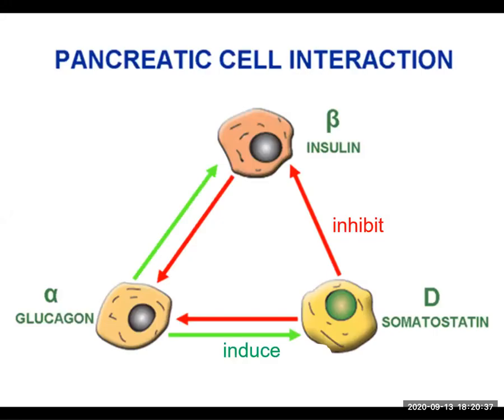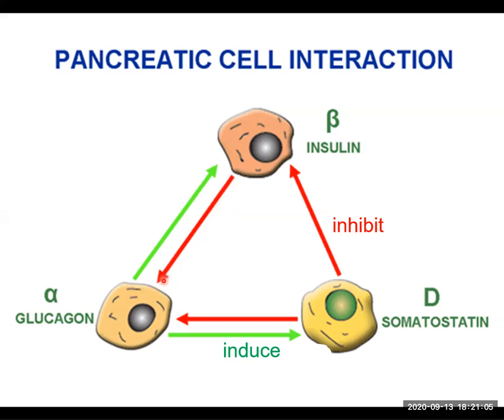So this figure shows you the interaction of the beta cell, alpha cell, and the delta cell with each other. The beta cell will release insulin, and it will also release a little bit of amylin to inhibit the alpha cell from producing glucagon; the red line is the inhibition.